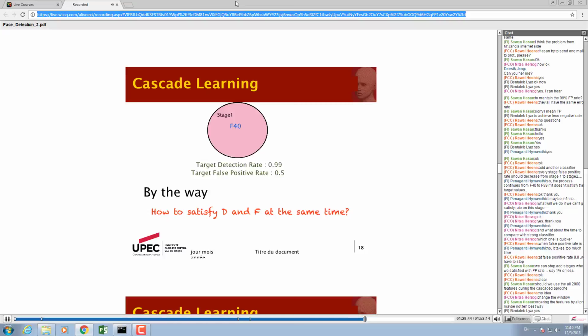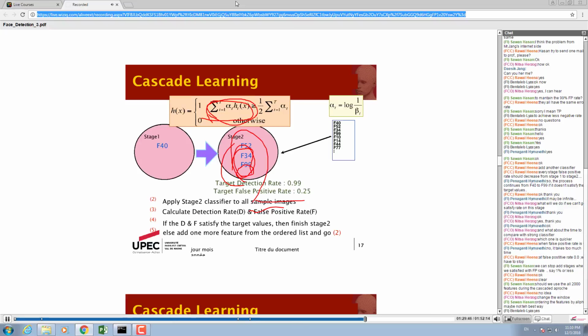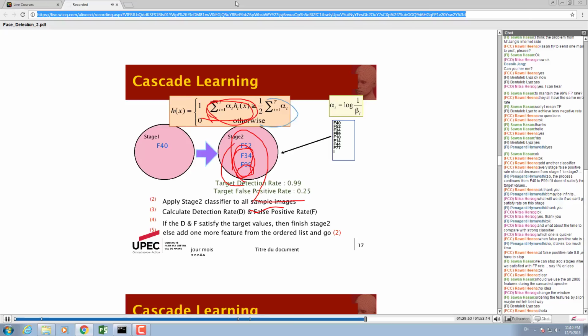Okay, so to achieve that goal, what we can do is adjust the threshold. Do you remember the thresholds? Okay, so let me go back to the previous slide. So in the original strong classifier, this threshold part was half of the sum of alpha.